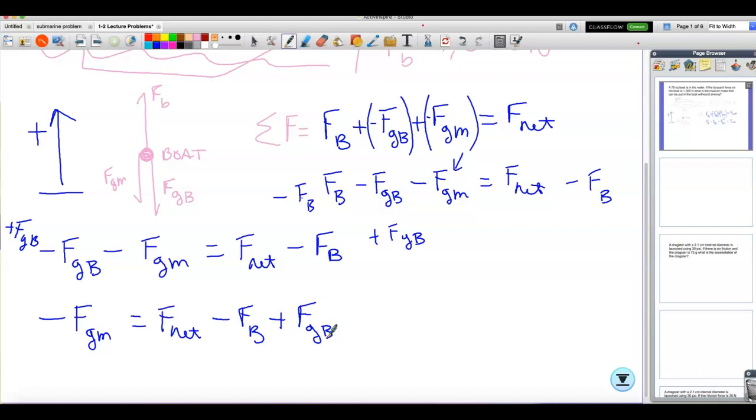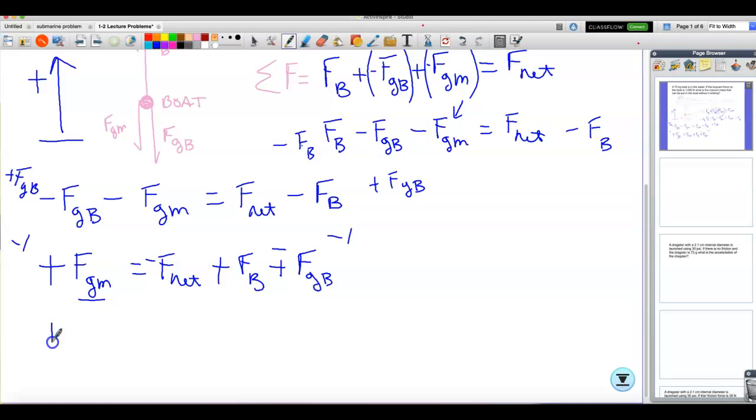Now we have this minus sign in front of the gravitational force of the mass, so we're just going to multiply everything by -1 to get rid of it and turn the signs around for all of them. That says the gravitational force, or weight, of the mass is the negative of the net force plus the buoyant force minus the gravitational force of the boat.